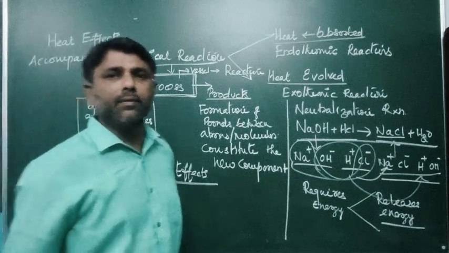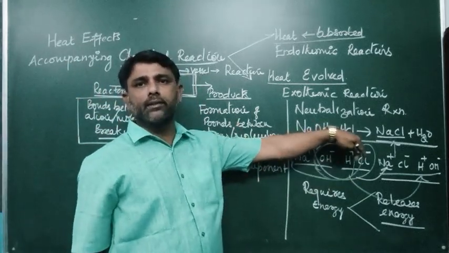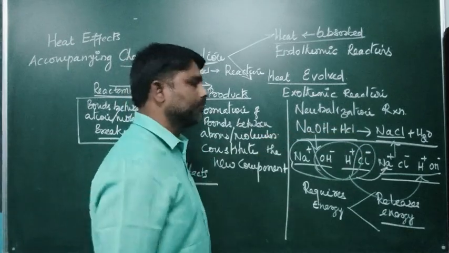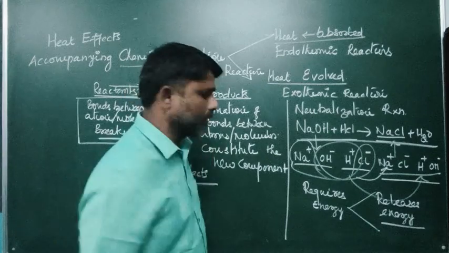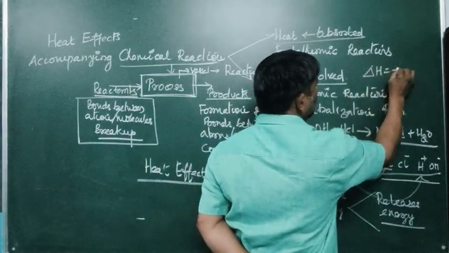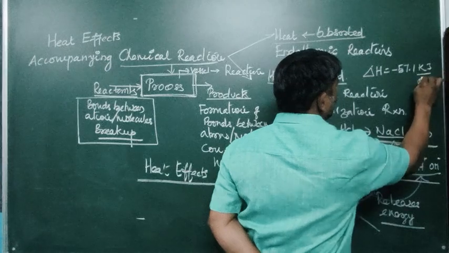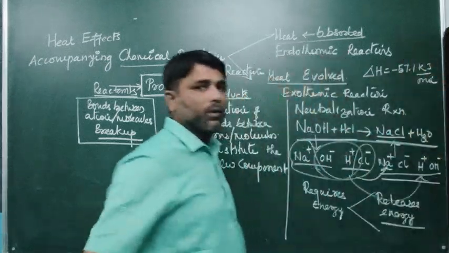Hence, the net effect is release of energy. This is an exothermic reaction. That means it has a negative enthalpy. For this reaction, the change in enthalpy is equal to minus 57.1 kilojoules per mole.